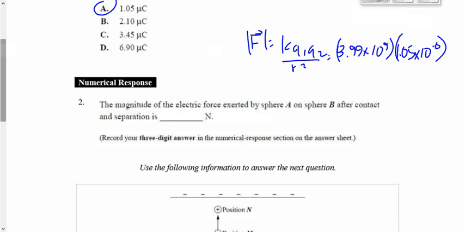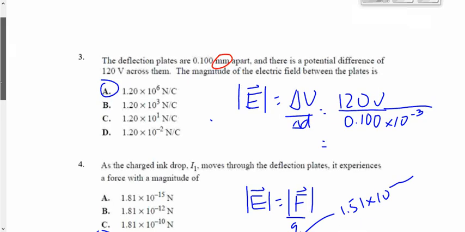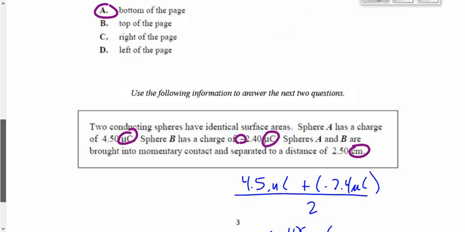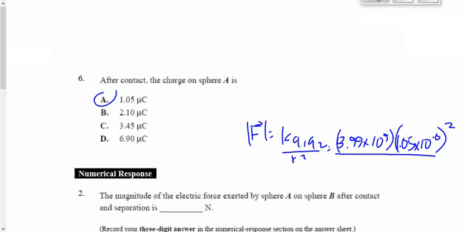Now, I don't have room to write in 1.05 again. Is it okay if I just do that? Yeah, that's okay, right? I can write in the number again, but it's fine to just square it. Divided by the distance. The distance is 2.5 centimeters or 0.025 meters. And when we do that, we end up getting 15.9 newtons.